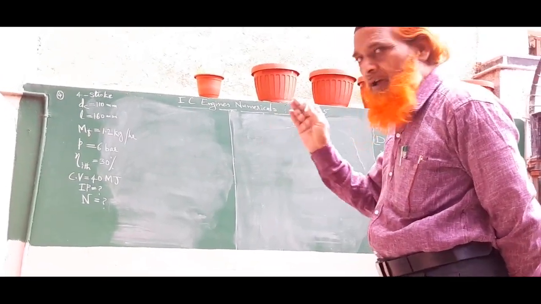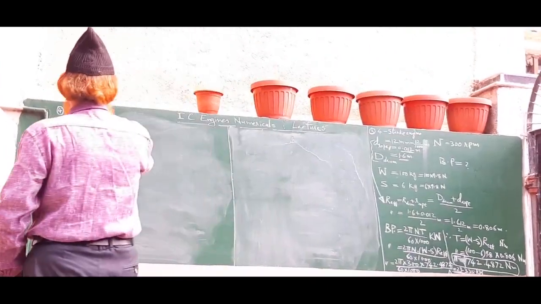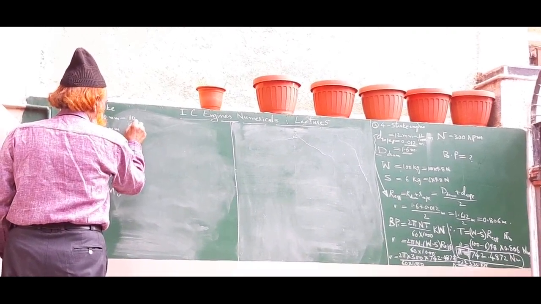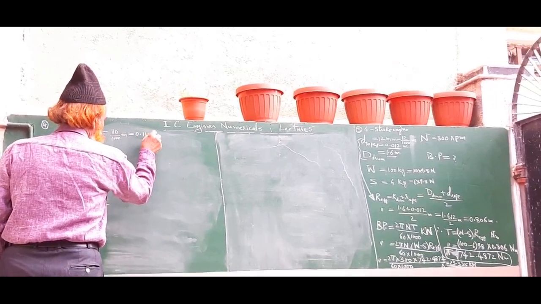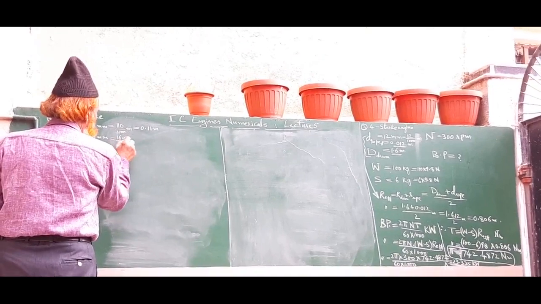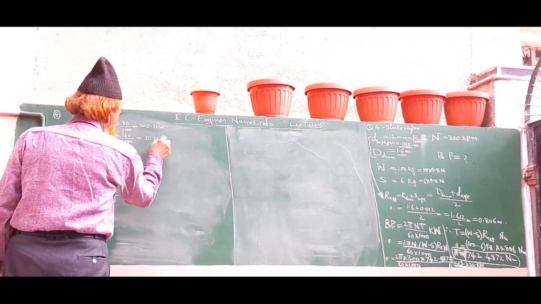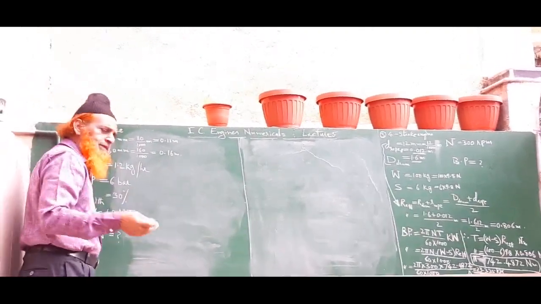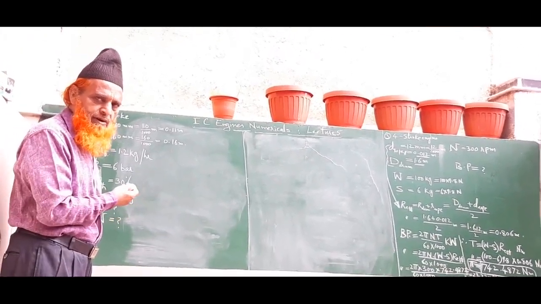Convert the given data into SI units first. That means here DC is 110 mm, to be divided by 1000 to change it into meter, it can be written as 0.11 meter. Then 160 mm length of stroke, divided by 1000, you will get 0.16 meter. MF is given 1.2 kg per hour, so it is supposed to be divided by 60 and 60.